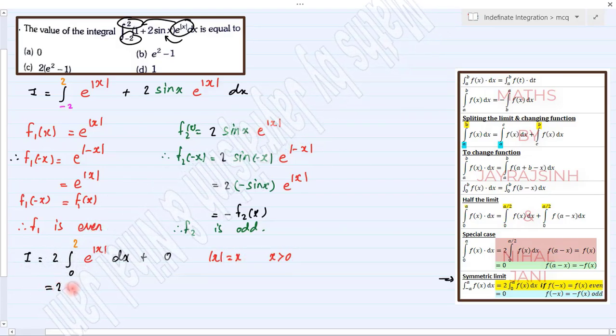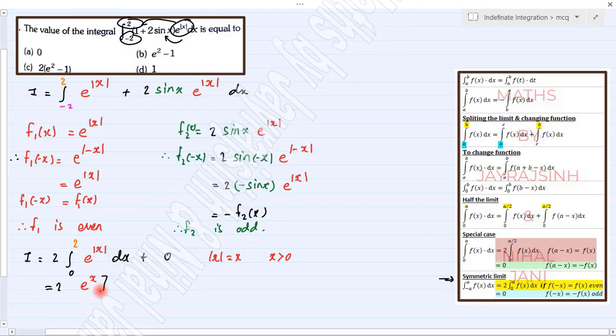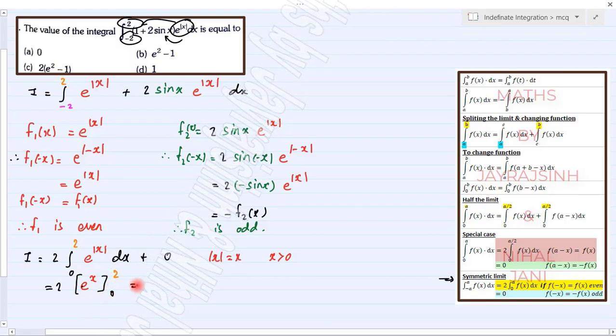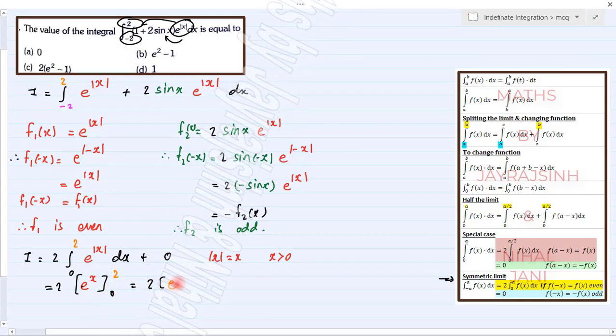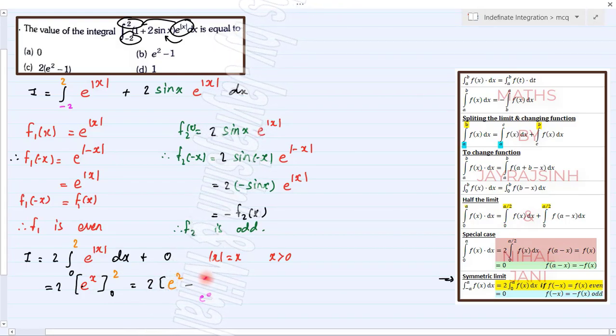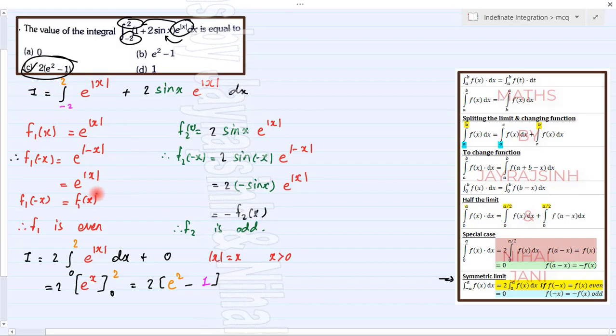So simply integration of e raised to x will be e raised to x, limit is from 0 to 2. Substitute the limit, you will get e raised to 2 minus e raised to 0, or we can say 1. So e square minus 1 is your final answer, which is given in option C. Ta-da!